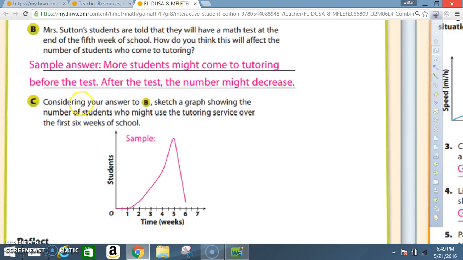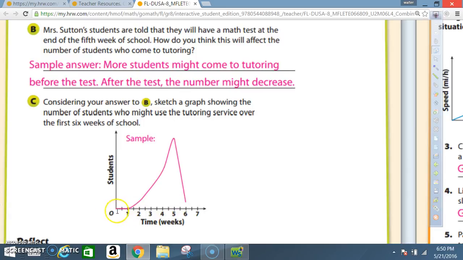Part C. Consider your answer to B, sketch a graph showing the number of students who might use the tutoring services over the first 6 weeks of school. Once again, we have students, we have time, all right? And so here we go.